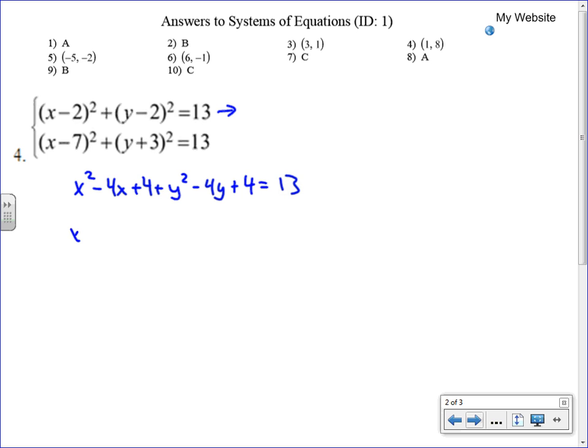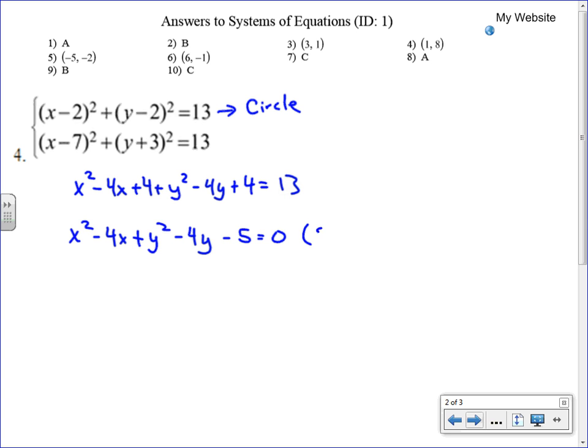When I organize this up, x squared minus 4x plus y squared minus 4y, 4 plus 4 is 8, subtract 8, that gives me minus 5 equals 0. Anybody got a problem with anything I got written right there? This, guys, this is a circle.